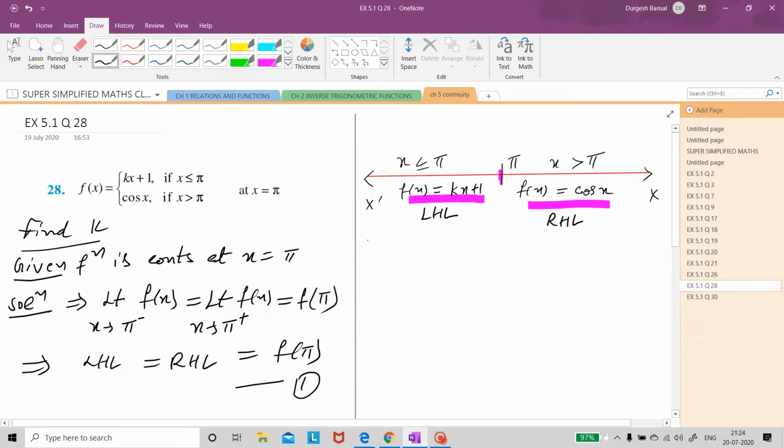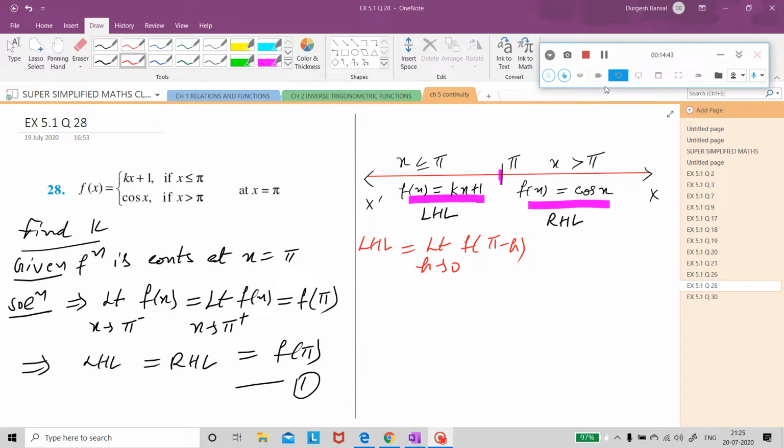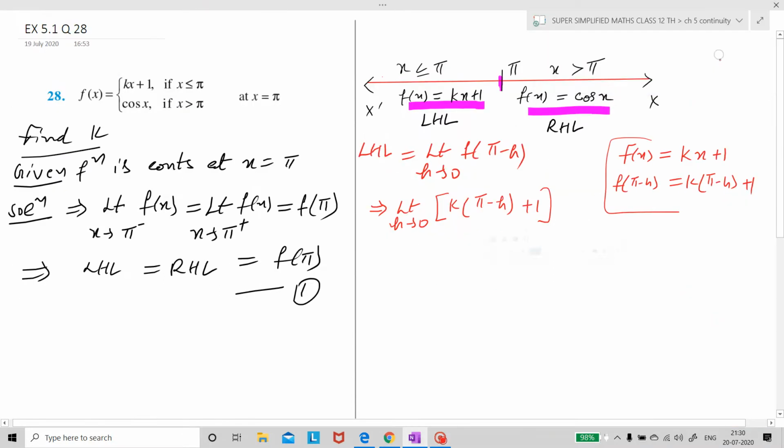Now we calculate the left hand limit. The left hand limit is limit h tends to 0 of f(pi minus h), because the point at which we are checking the continuity is x equal to pi.